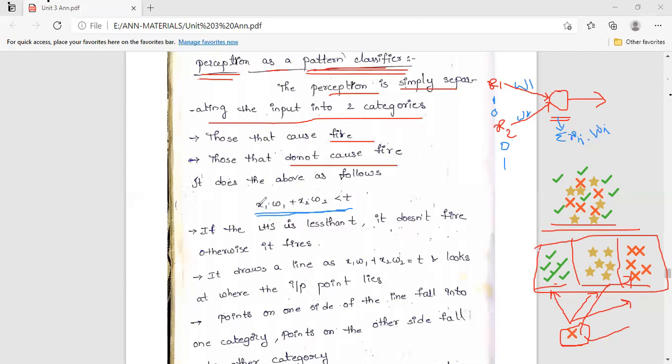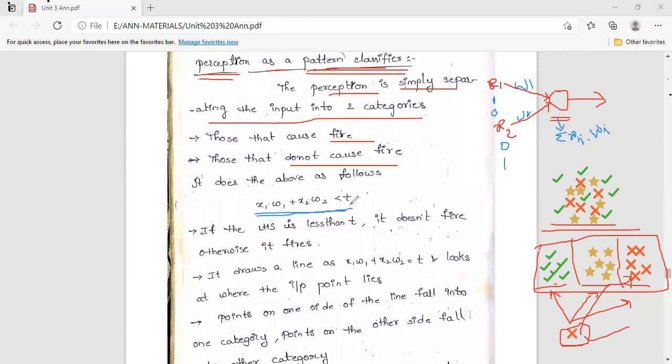So what are we going to know about this? If x1 into w1 plus x2 into w2 is less than or equal to t. First of all, what is t here? We know x1 and w1, x2 and w2. Now, what is t here? Actually, t is a target output.